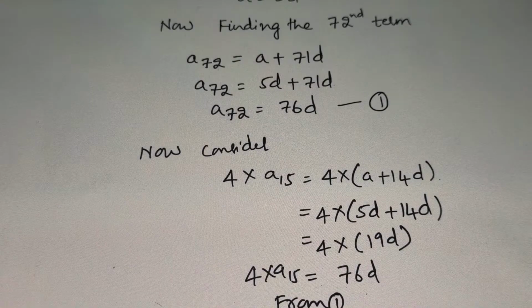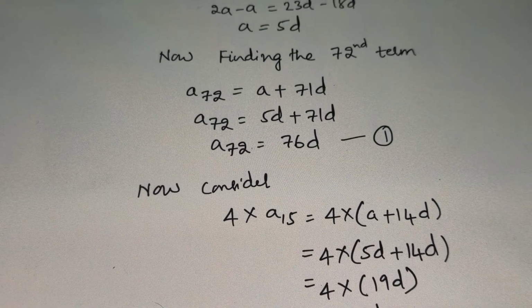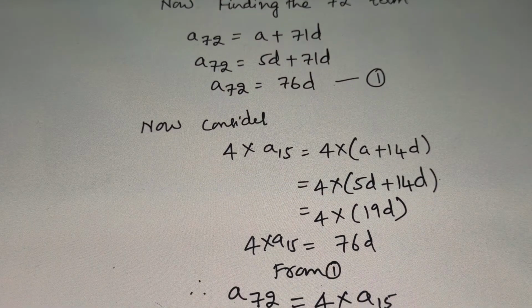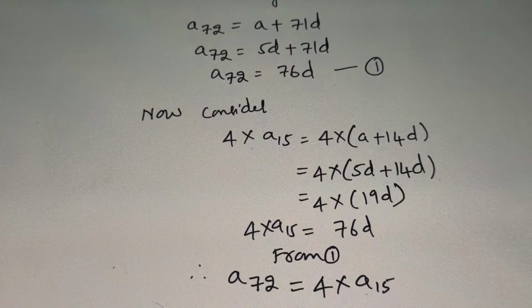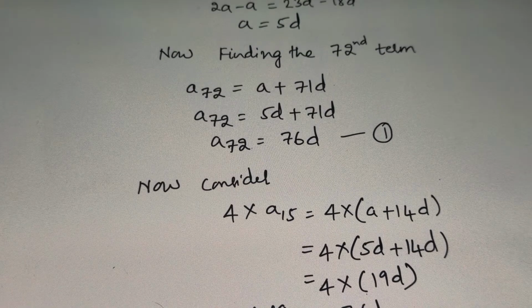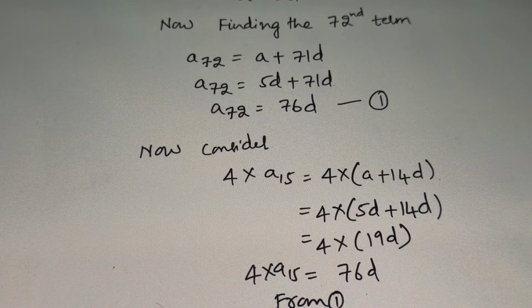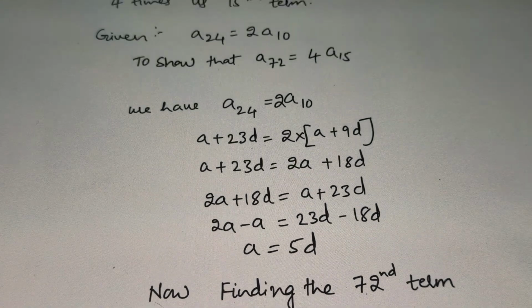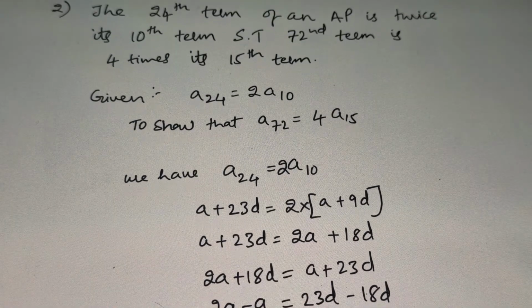Therefore we have solved the given problem, which is A72 equals 4 into A15.